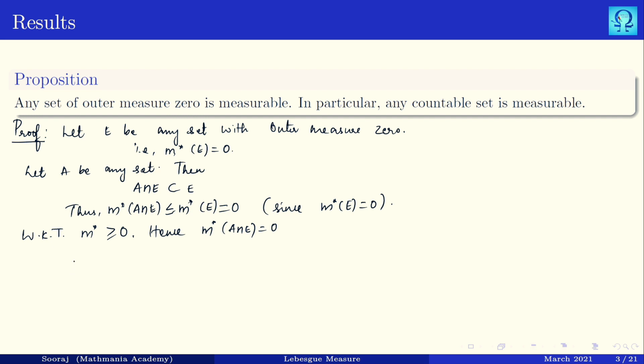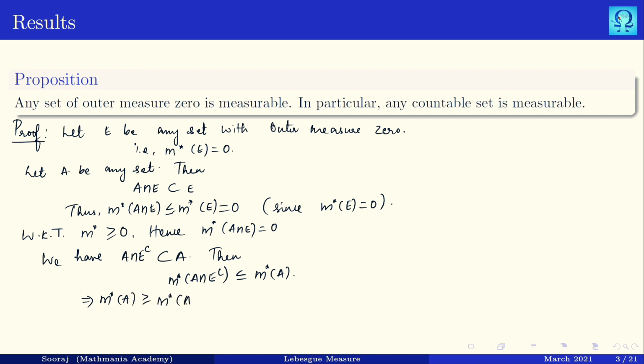Right? Now, we have A intersection E complement is a subset of A, with which what we have is outer measure of A intersection E complement is smaller than or equals outer measure of A. So I may write m star of A is bigger than or equals m star of A intersection E complement. It still retains to be m star of A intersection E complement plus 0.